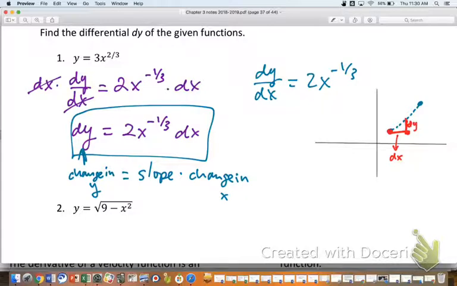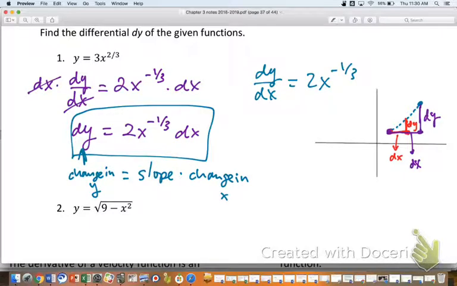But if I maintain the same slope, and my dx goes from here over to here, that new dx will obviously produce a much larger change in y. So if your slope is 1/2 and x goes 2, your dy is 1. But if you went 10, your dy would be 5.